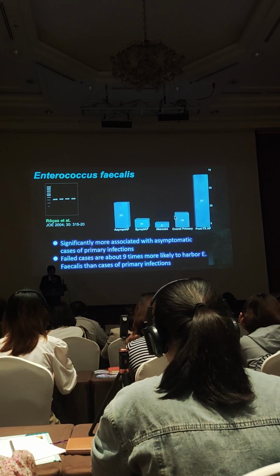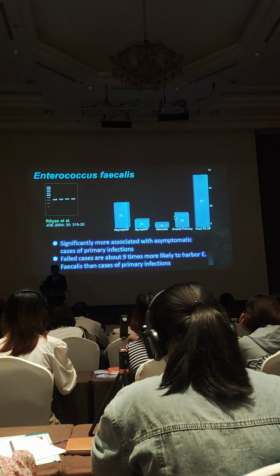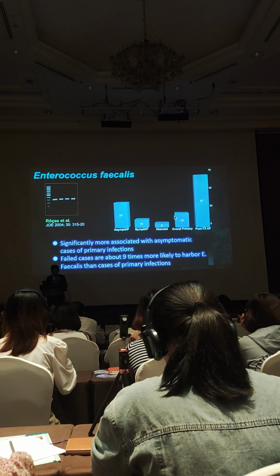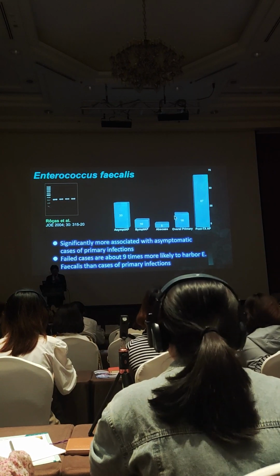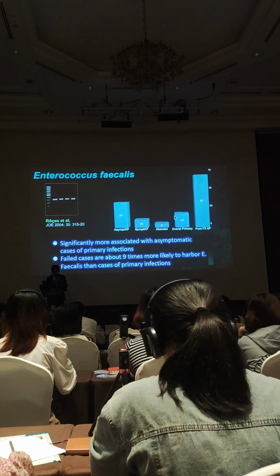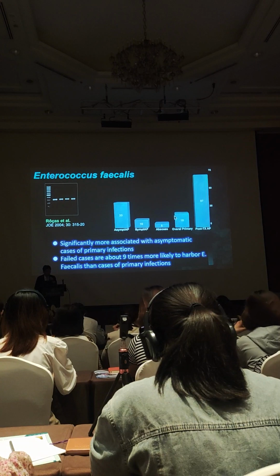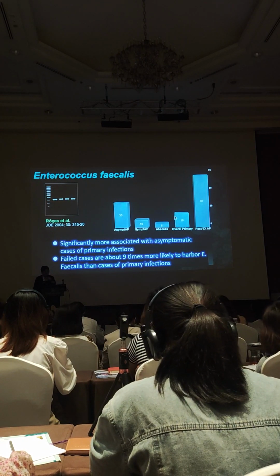You find significantly more Enterococcus faecalis associated with asymptomatic cases of the post-operative disease. Failed cases are about 9 times more likely to harbor E. faecalis than cases of primary infections. So you see more Enterococcus faecalis in failed endodontically treated cases.